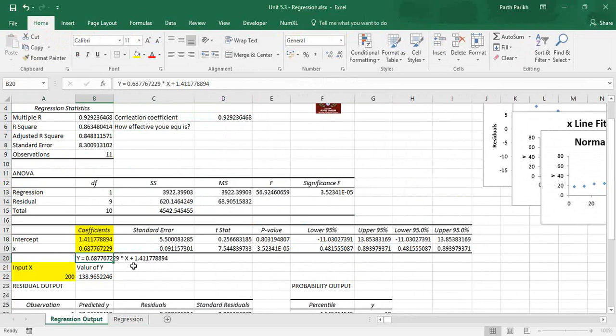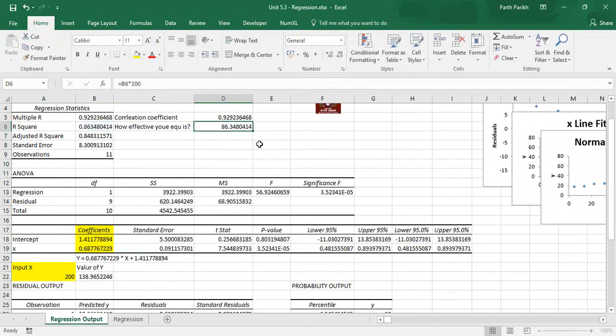If it's more than 0.8, or 80%, then in the finance world it is considered good. Sometimes even 70%. So over here it's 0.86, or 86%.